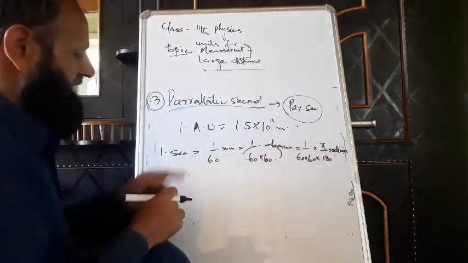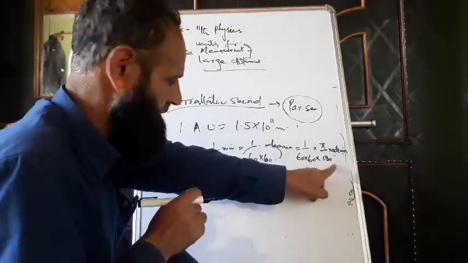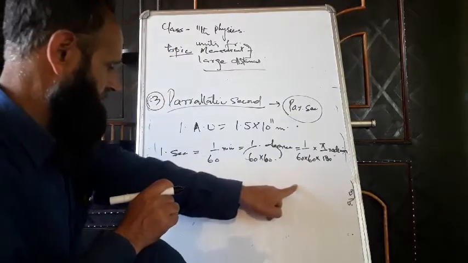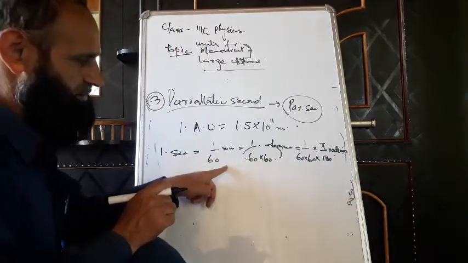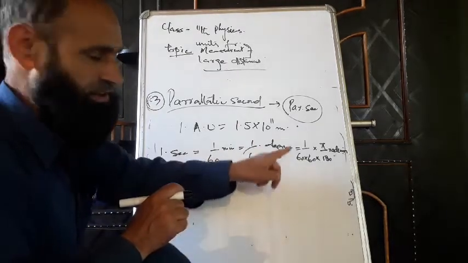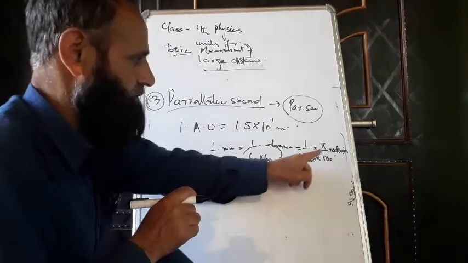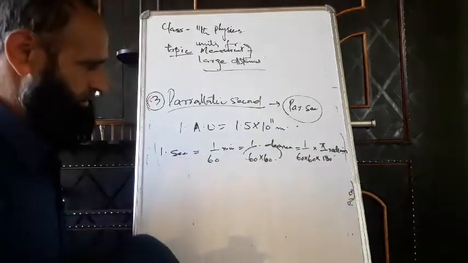We change seconds into minutes, minutes into degrees, degrees into radians. Second into minute is 1 by 60 minutes, which is 1 by 60 into 60 degree, that is equal to 1 by 60 into 60 into pi by 180 radians.